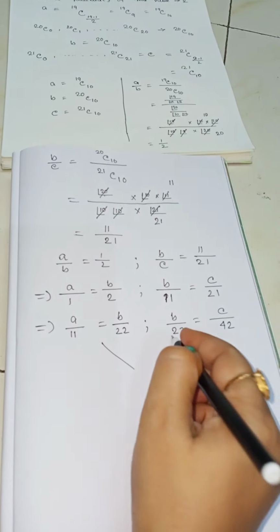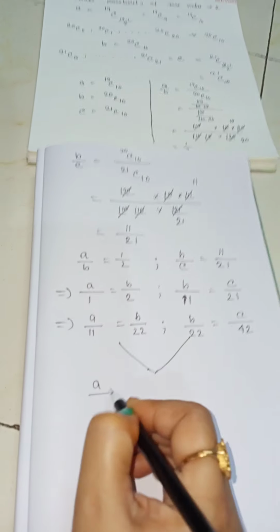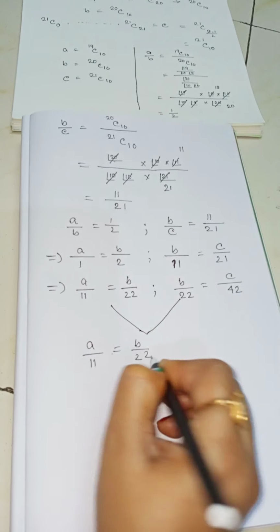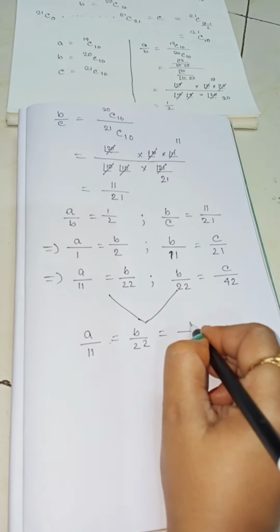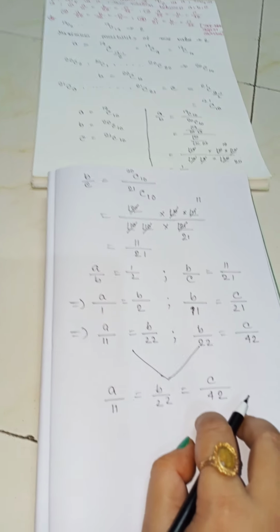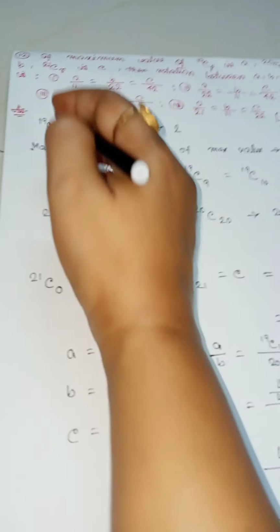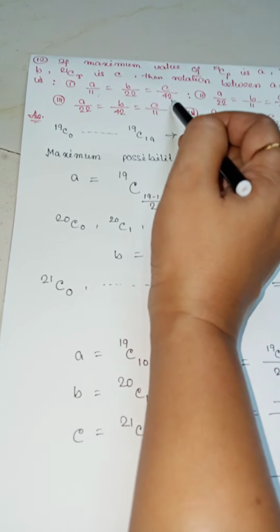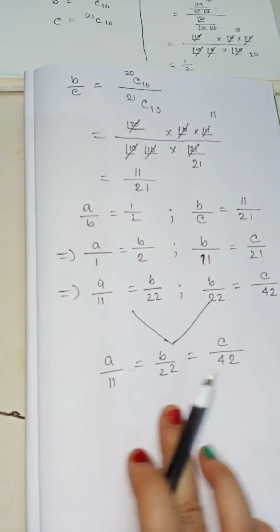So A by 11 is equal to B by 22 is equal to C by 42. Our option is A by 11, B by 22, C by 42, that is option 1.